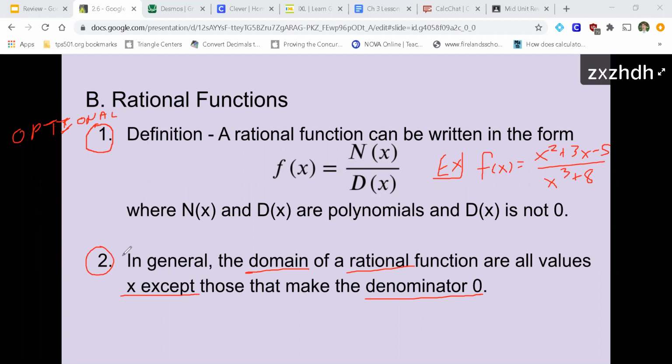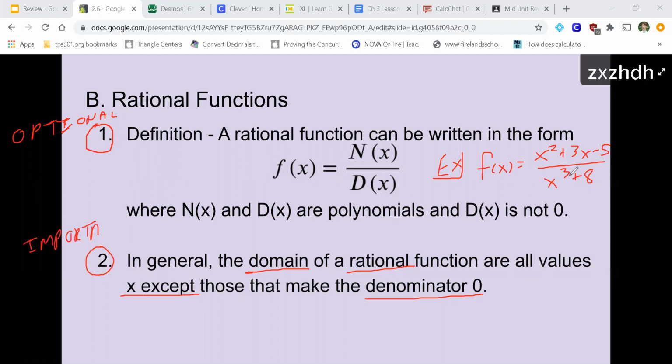Or in other words, the domain of a rational function, the values of x that are valid inputs, are all of the numbers except the ones that will make your denominator 0. That's important, okay? But again, it might already be in your notes.